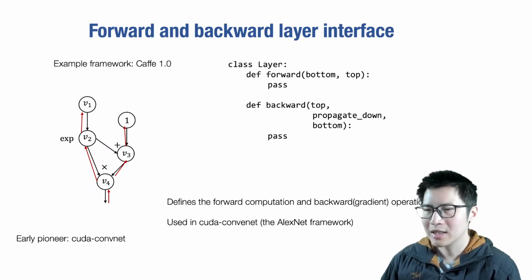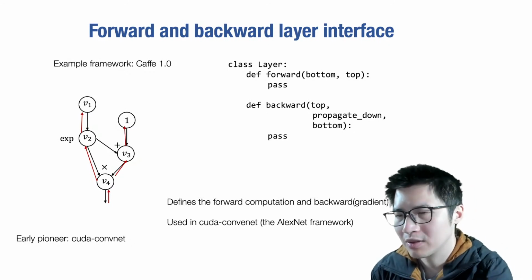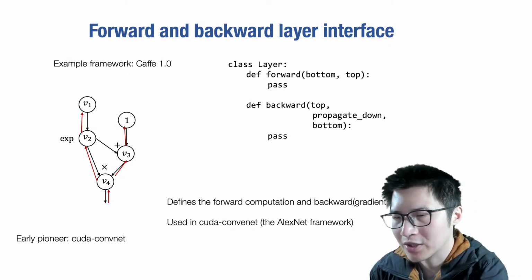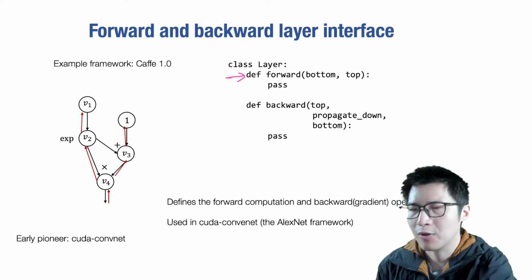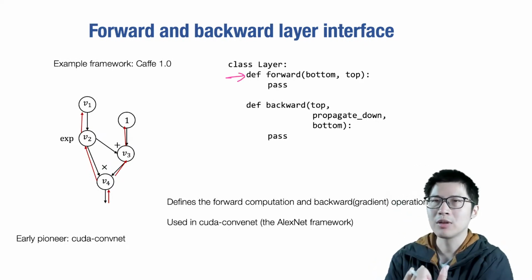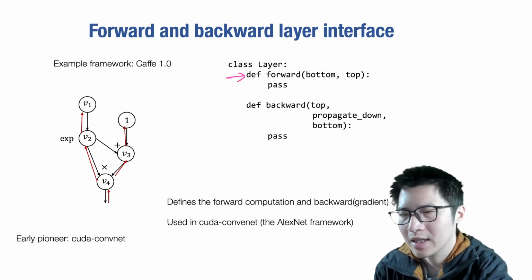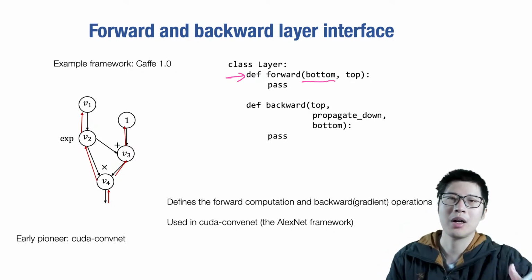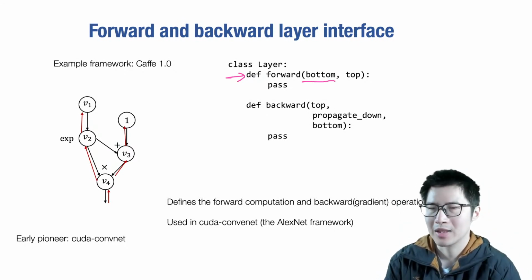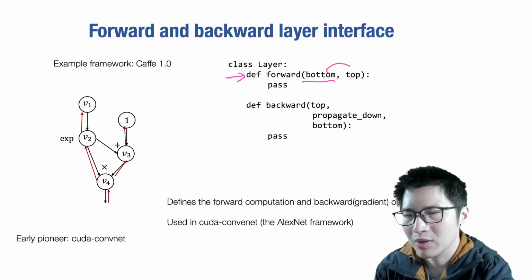So a layer interface defines two key functions. The first function is what we call the forward function. In the forward function, what it tries to do is take data from an input, in this case called bottom, and propagate the data and the computation to the output.